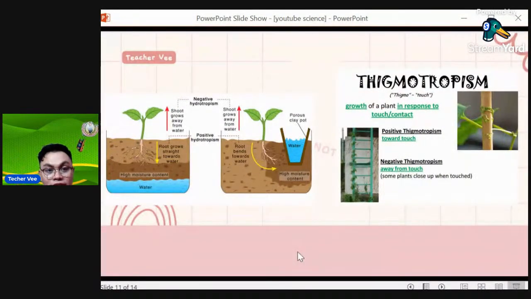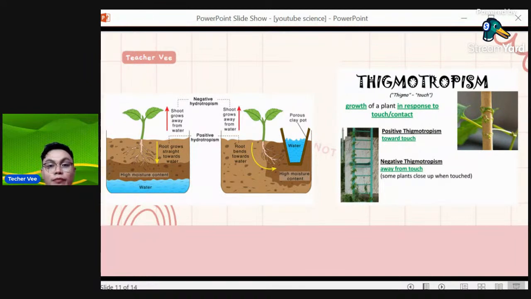Kapag positive hydrotropism, the roots grow straight towards the water. Kapag negative hydrotropism naman, yung shoot or yung stem goes away from the water.